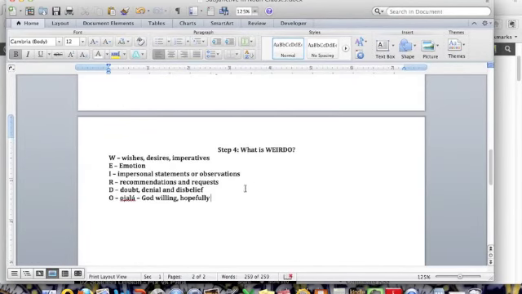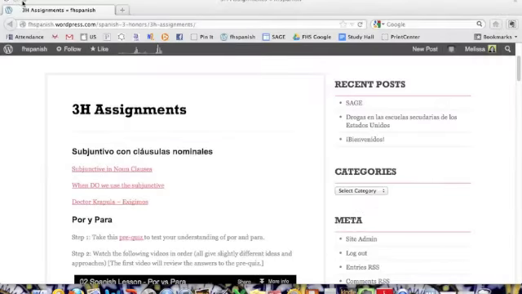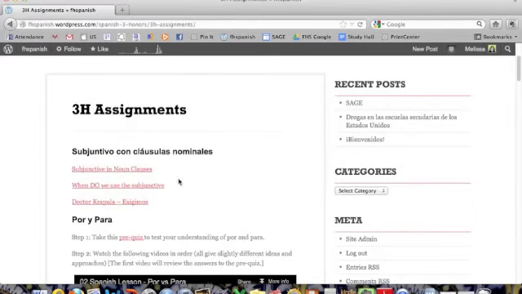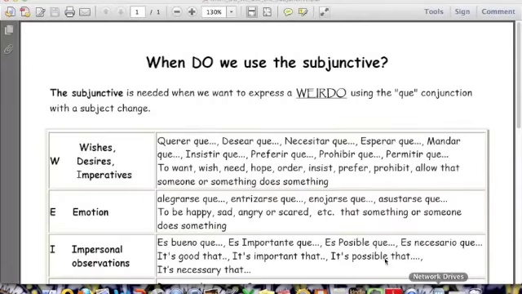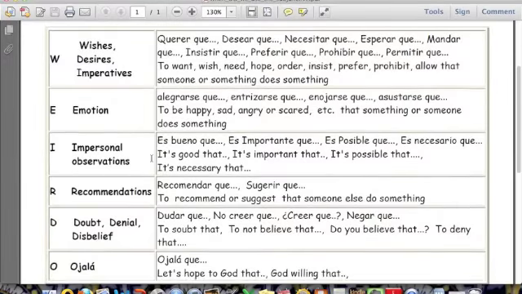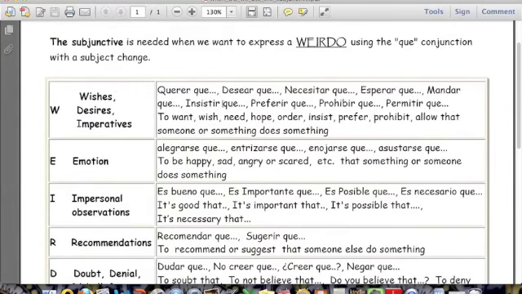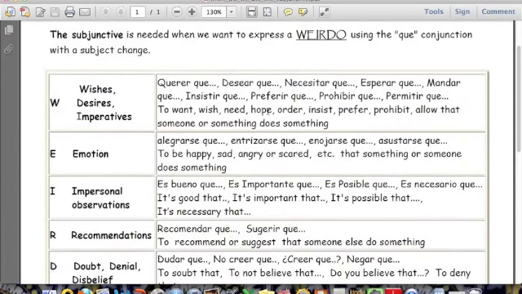Okay, so what do these all mean? What can we get out of these? If we go back to my blog, the next link here says, when do we use the subjunctive? If I click on that, it opens a PDF that's got my chart, with all of the different categories of the WEIRDO. So some examples of wishes, desires, and imperatives: querer que, desear que, necesitar que, esperar que, mandar que, insistir que, etc. Those are pretty explanatory.